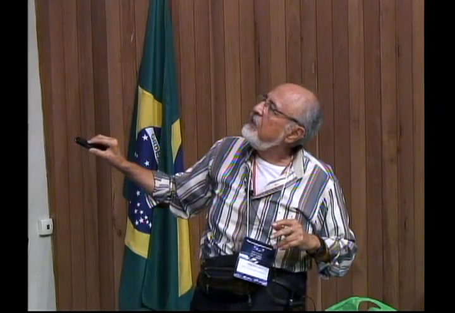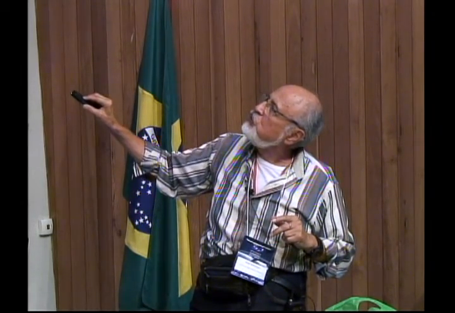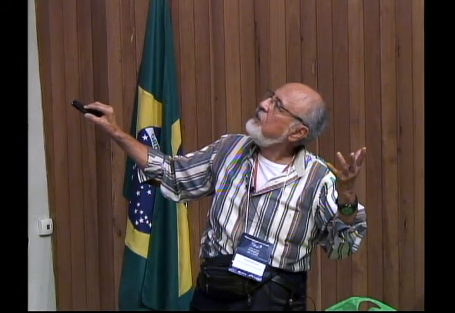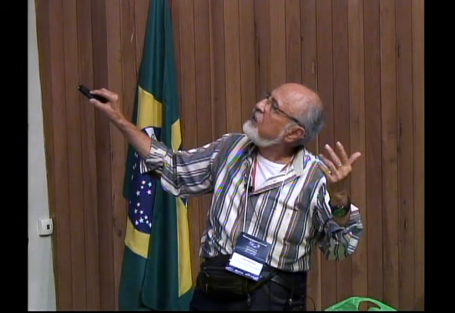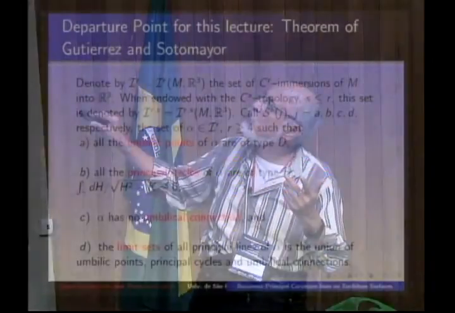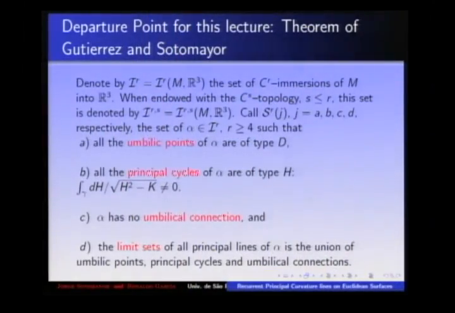The conditions of stability are: all the umbilic points are Darbouxian of type D1, D2, or D3. All the principal cycles are of type H. H is hyperbolic, meaning that the return map is a hyperbolic map. In geometrical terms, this hyperbolicity condition can be expressed in terms of an integral involving the mean curvature and the Gaussian curvature of the surface.